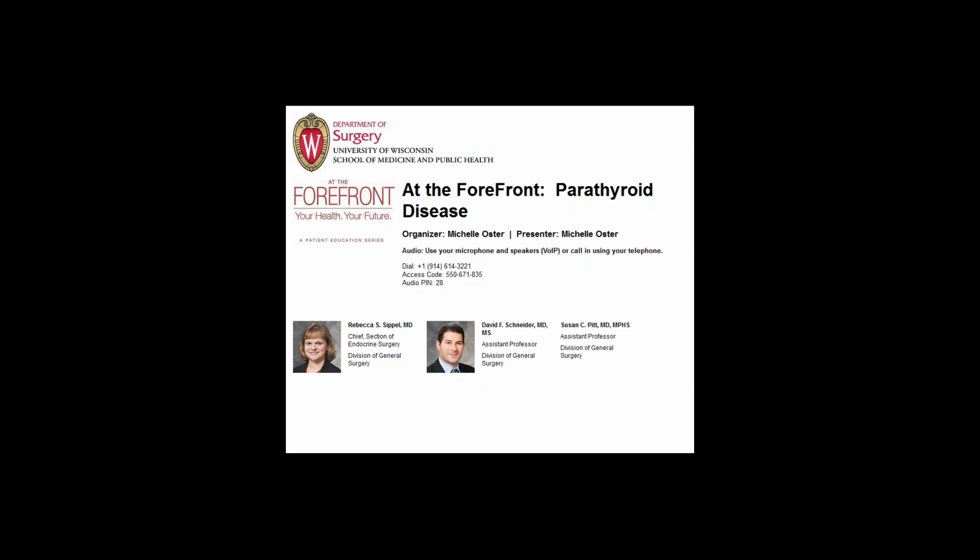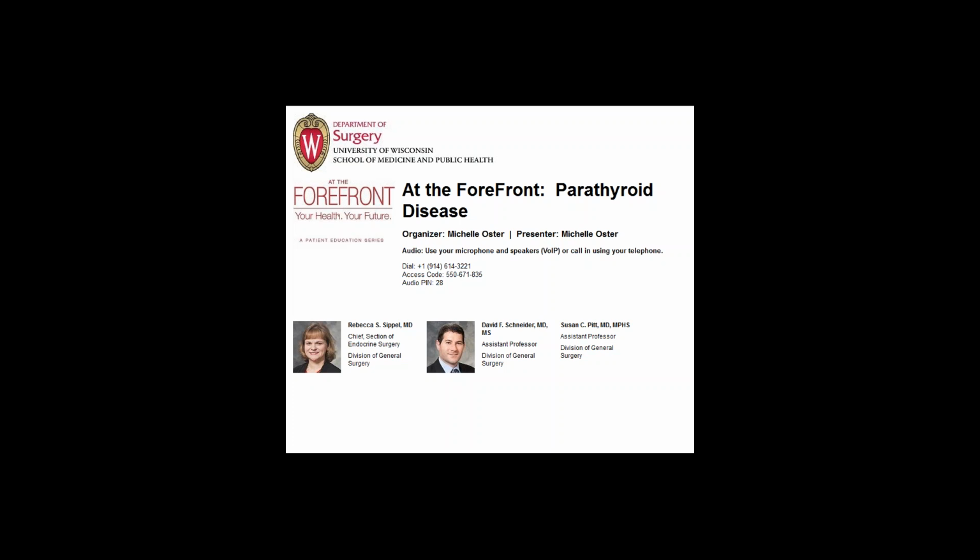And then whether or not your imaging is positive doesn't mean that you don't have the disease. So negative imaging doesn't mean that you don't have the disease. Along with that then, even if you have positive imaging, there's reasons that the imaging could be wrong or incorrect. So imaging is mostly used for planning surgery, but not for making the diagnosis. So we see it as a starting point.